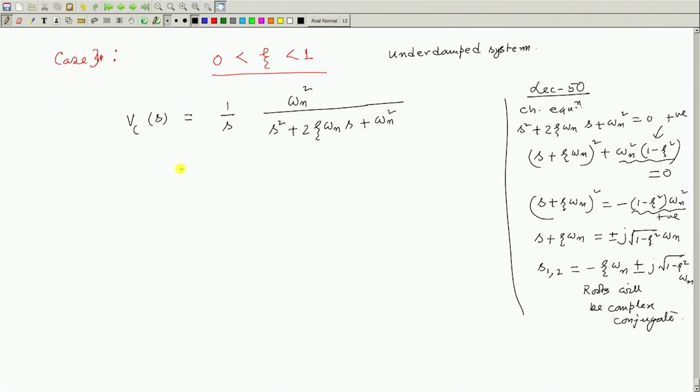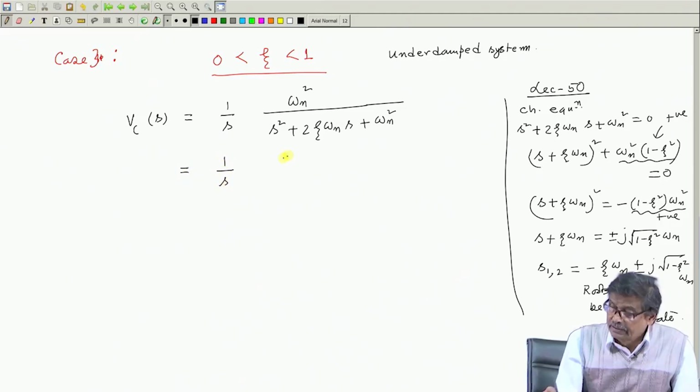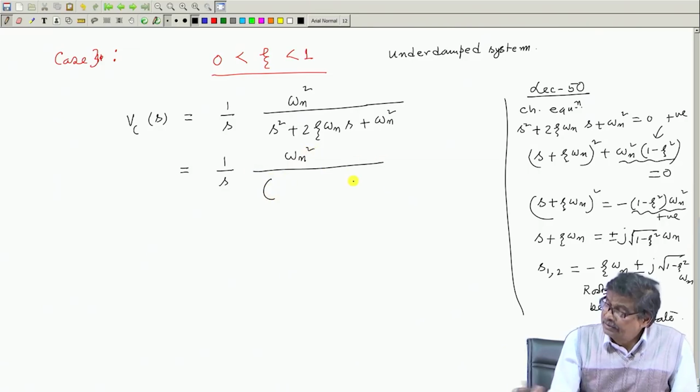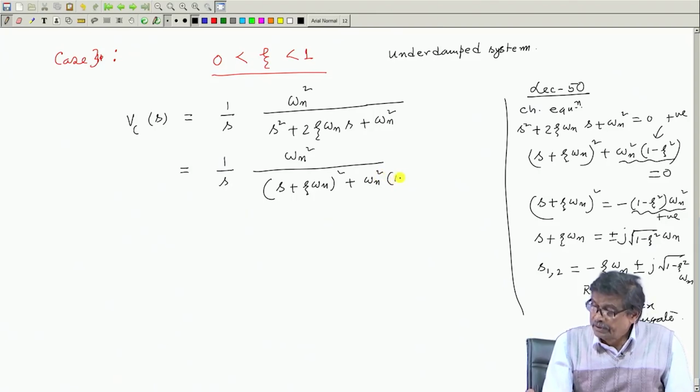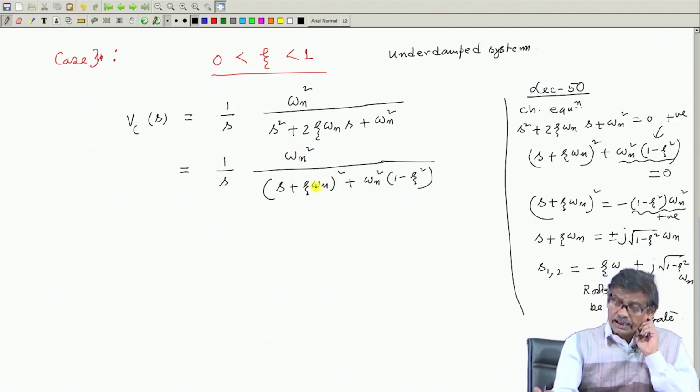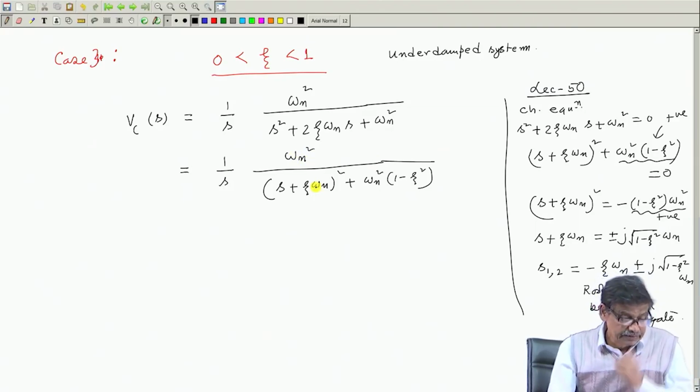Therefore, I will write it as 1 over S, omega n square, and the denominator in this form only: S plus zeta omega n whole square plus omega n square into 1 minus zeta square.